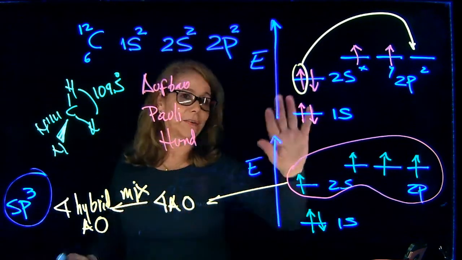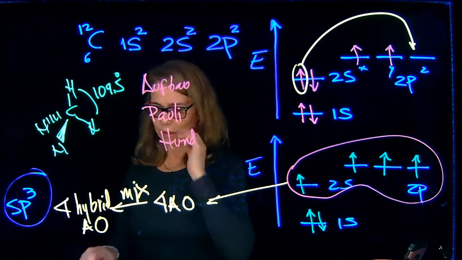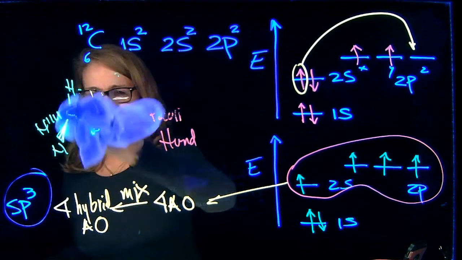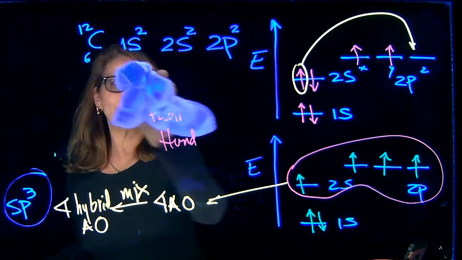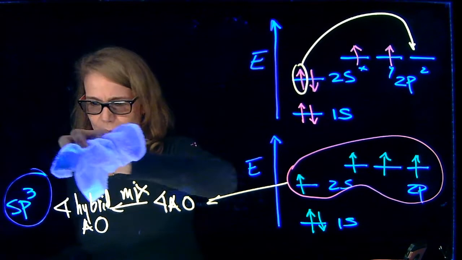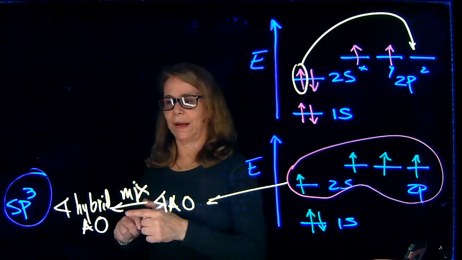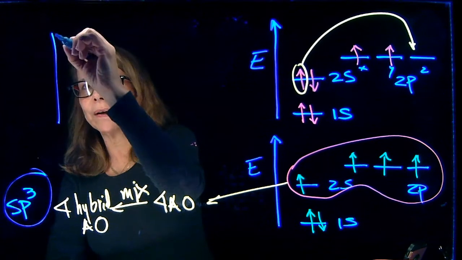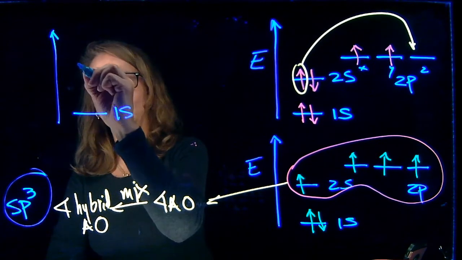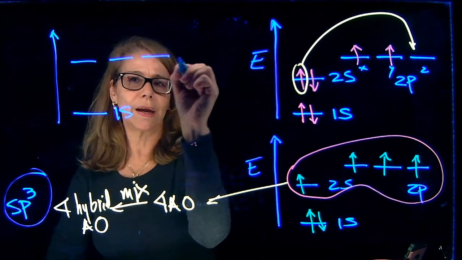Now the diagram, and I'm going to erase this part, we have already worked that part. So what would be my diagram now? Well, this is still here, the 1s, and I will have 1, 2, 3, and 4 lines.